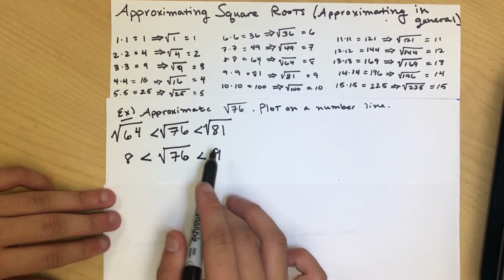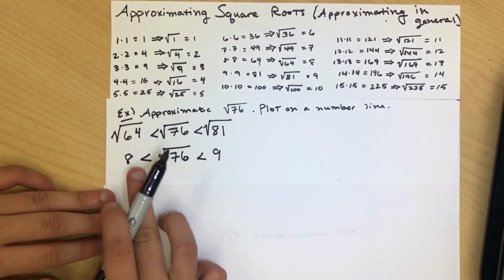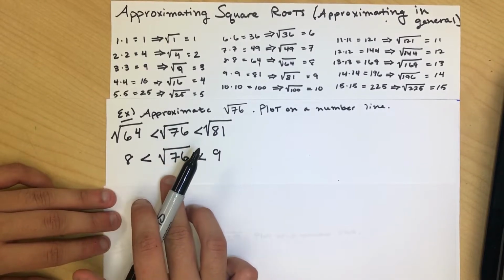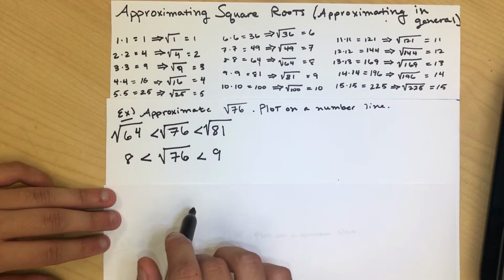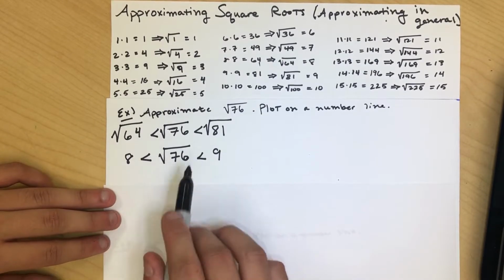Now we have our general constraint for the square root of 76. The square root of 76 is somewhere in between 8 and 9.